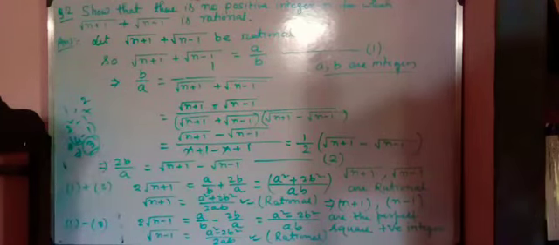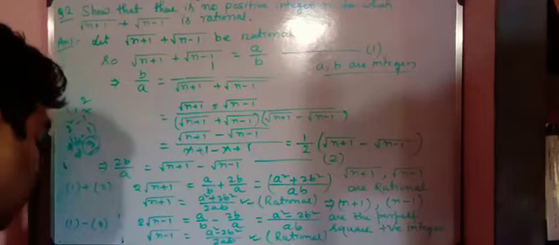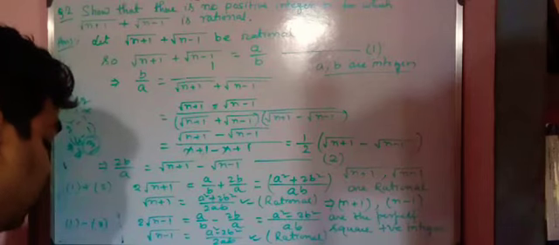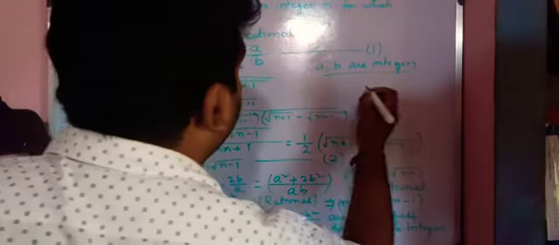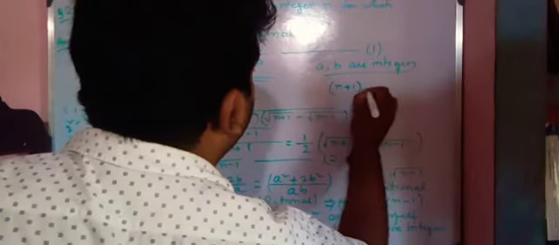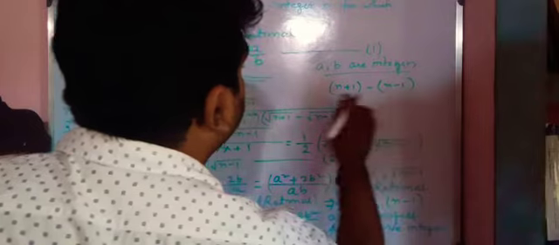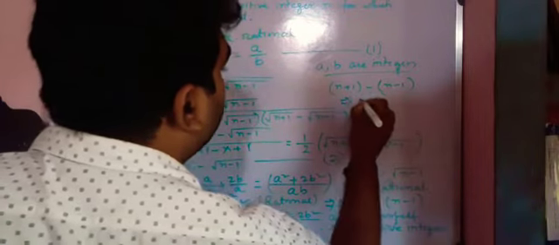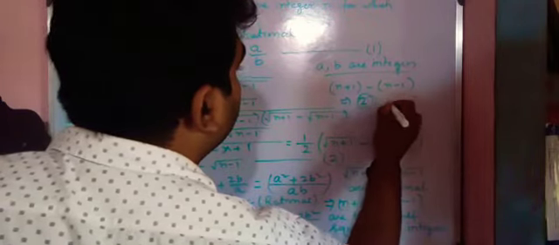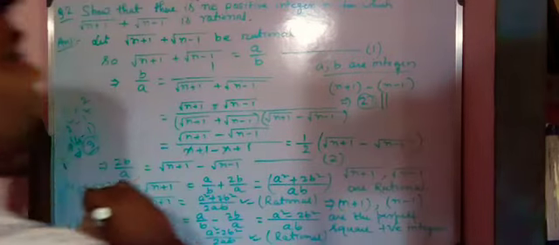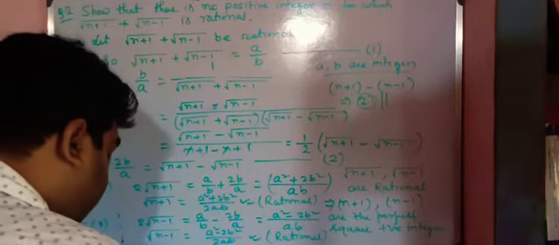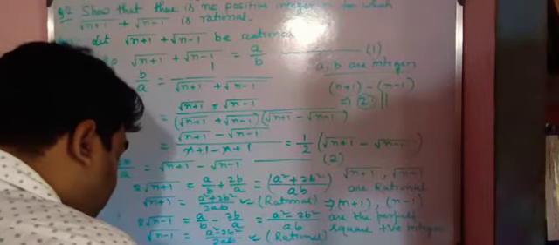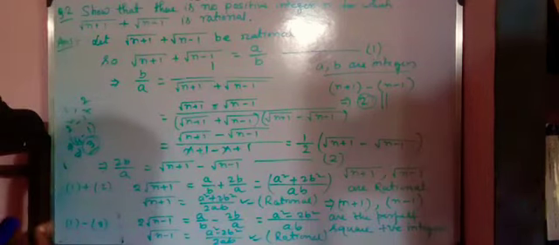Now here, as we can see, these two numbers do not differ by at least 3. How? Because if we compute n plus 1 minus n minus 1, after squaring we get 2, not 3. But any two perfect squares differ by at least 3.